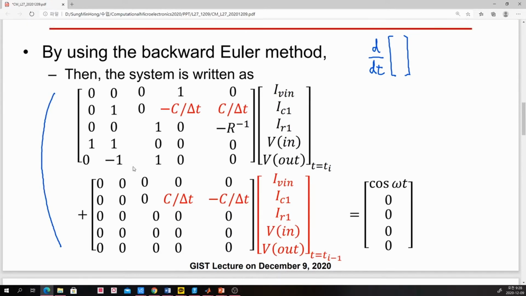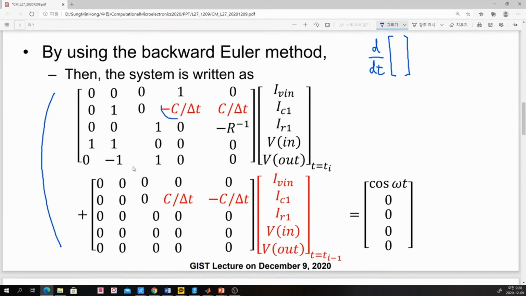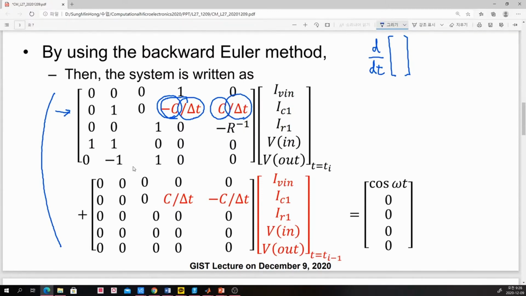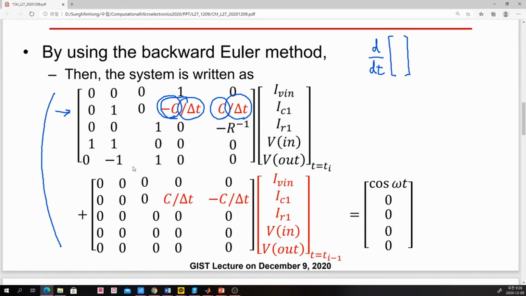Previously, for example, related with this term, this second row, we had minus c and positive c for this part. However, now we have 1 over delta t, 1 over delta t. Previously we had a time derivative term, but there is no longer a time derivative term.